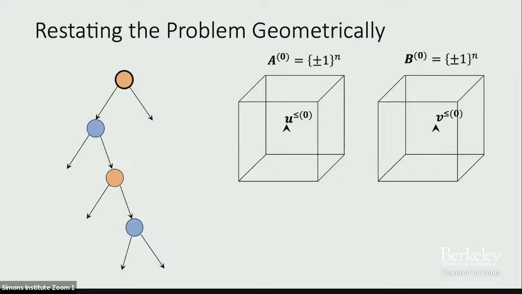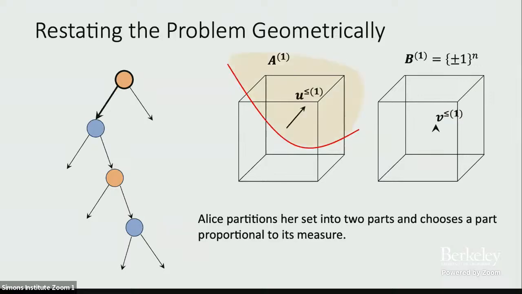So now I'm going to restate the whole problem completely geometrically. So even if you missed out the Fourier growth and XOR fibers, now is a good time to jump back in. Okay. So here is the main problem that we're studying. We have this random geometric process of partitioning the input space. So first, Alice partitions her set into two parts, and she chooses a random part with probability proportional to the measure of that part.